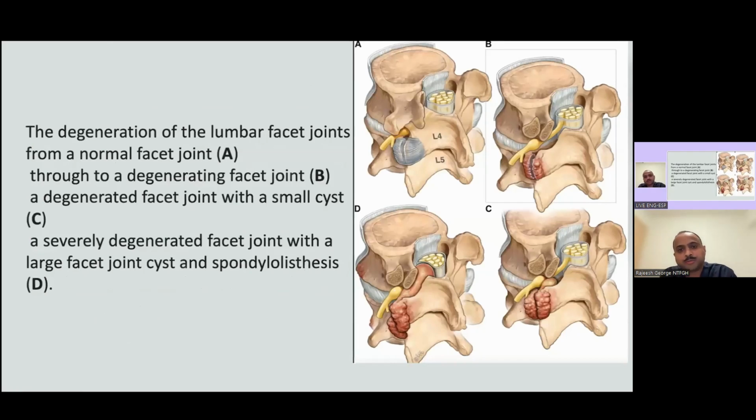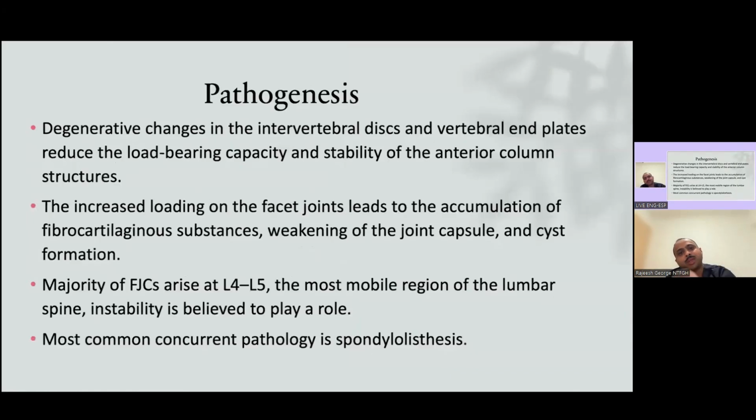When you look at the evolution of the facets, you can start with the degeneration first, with the formation of lumbar cyst, and finally ending up with. When you look at the pathogenesis, it usually starts off with the anterior column, which gets degenerated, and there are vertebral end plate changes.